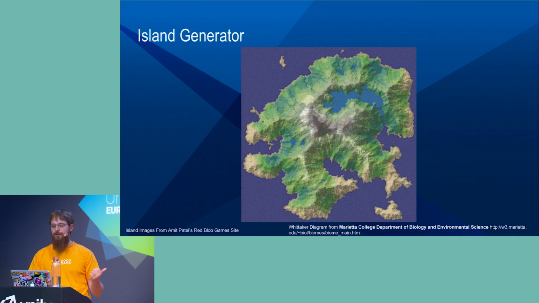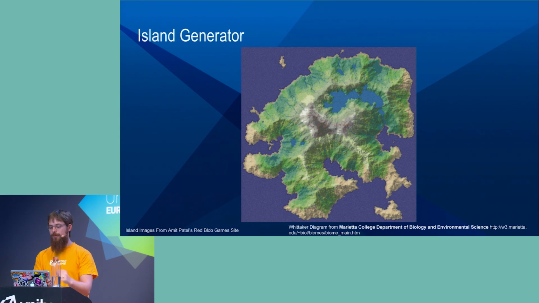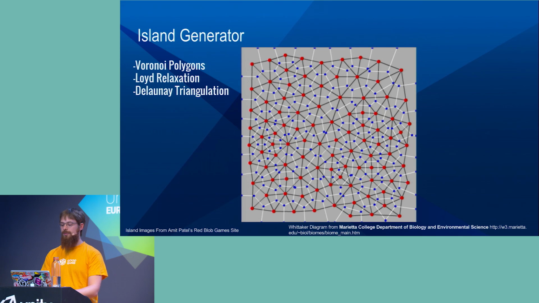So you can generate things that look like this. This is from Amit Patel's Red Blob Games site, which is a really good resource if you're looking into PCG stuff as well. This is how he built this island using these techniques. He started off with the Voronoi diagram, the Lloyd relaxation, and then he also used something called the Delaunay triangulation, which is basically just for creating links between all of the little cells in his map.